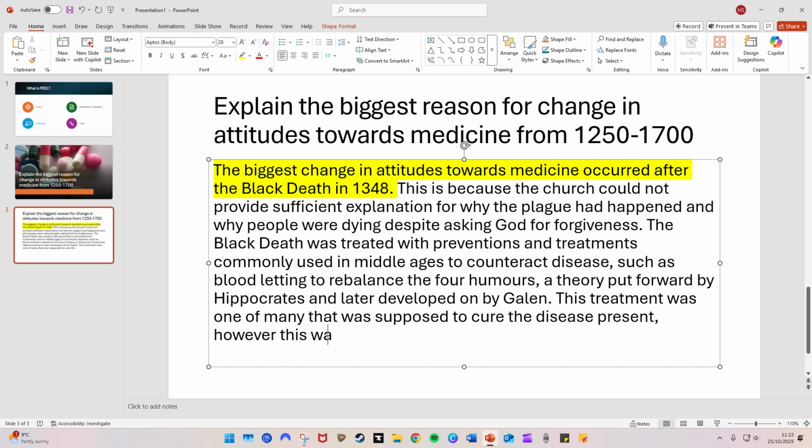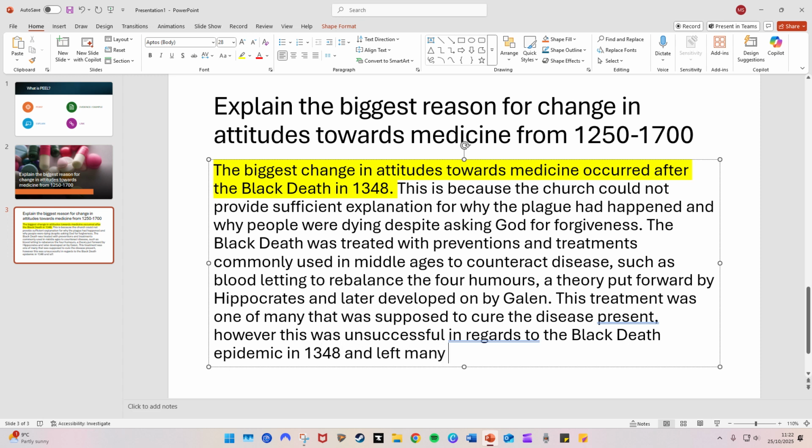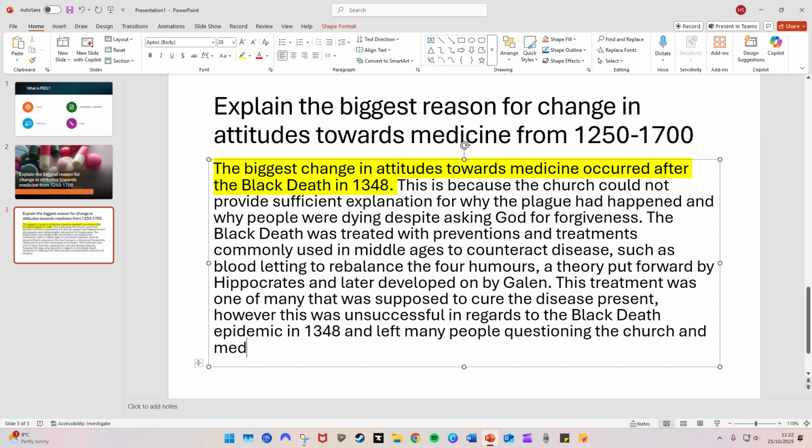However, this was unsuccessful in regards to the Black Death epidemic in 1348 and left many people questioning the church and medical knowledge they had at the time.